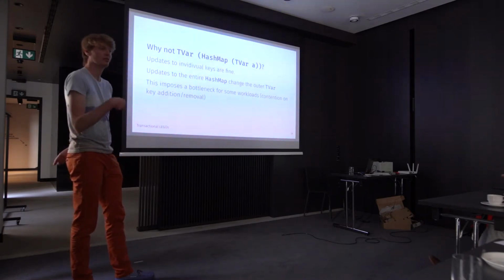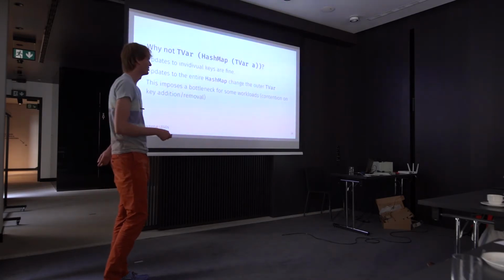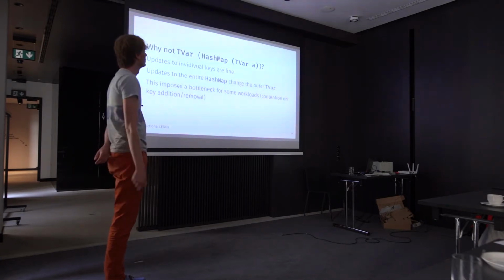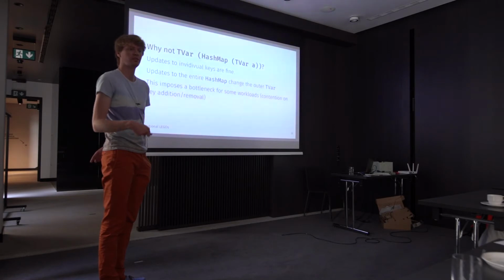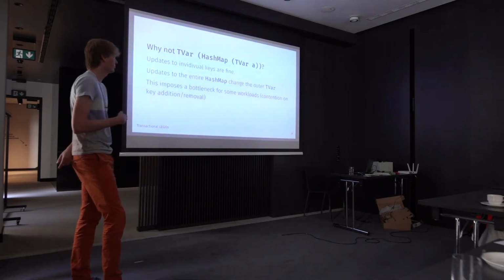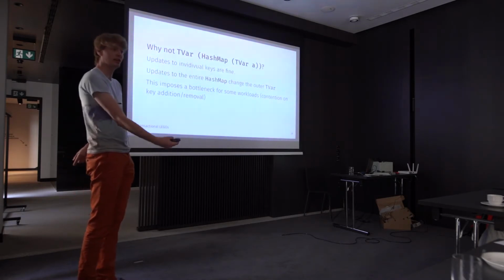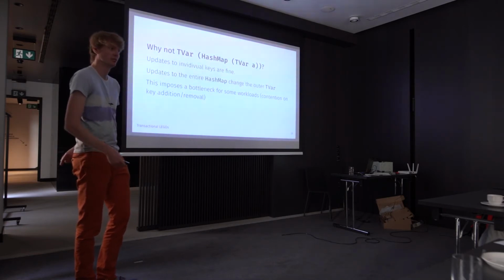But if you update the structure of this data structure, if you add a new key or remove a key, then this outer TVAR will be marked as changed. And so updates to the entire hash map change the outer TVAR, meaning anything which inserts new keys contends with anything else which inserts new keys.